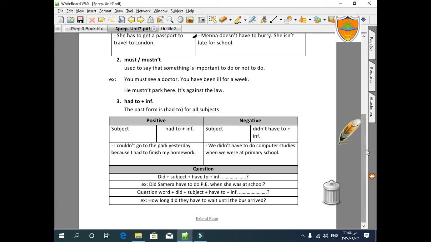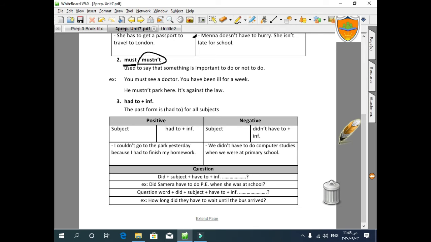We use must and mustn't to say that something is very important to do or is not important to do. If it's very important to do, we use must, okay, you must do it, it's a very strong advice. But if you use mustn't, it's a warning.